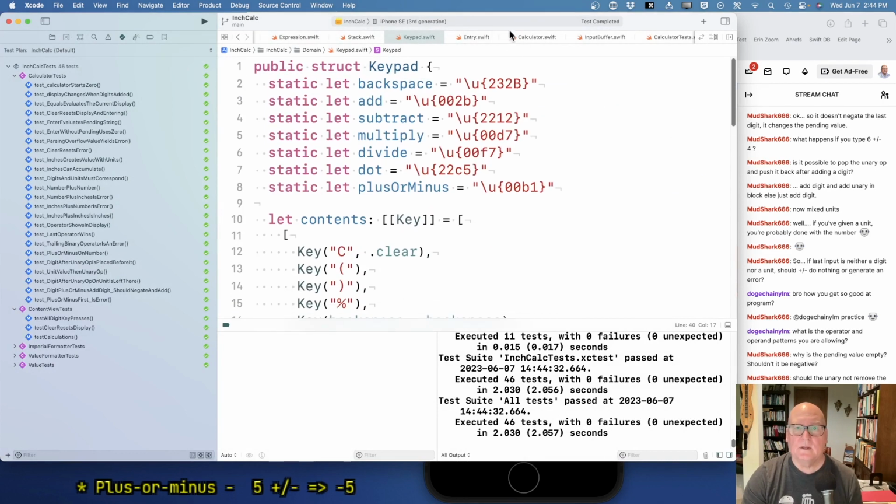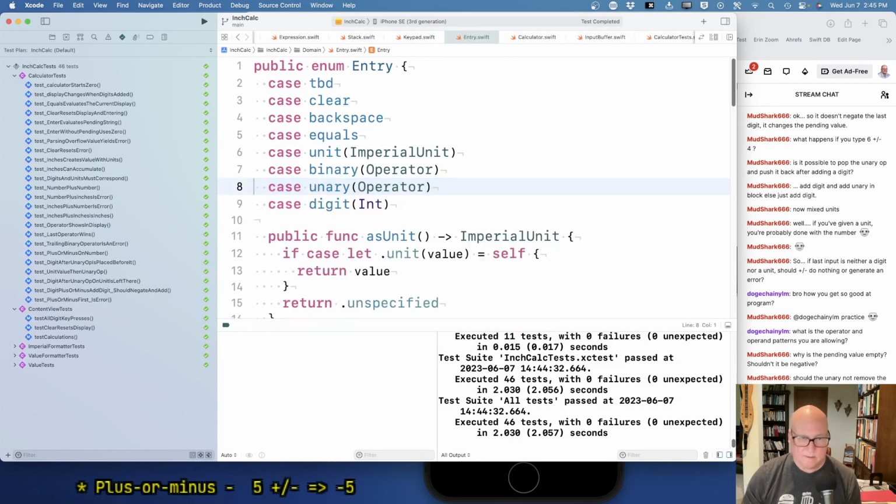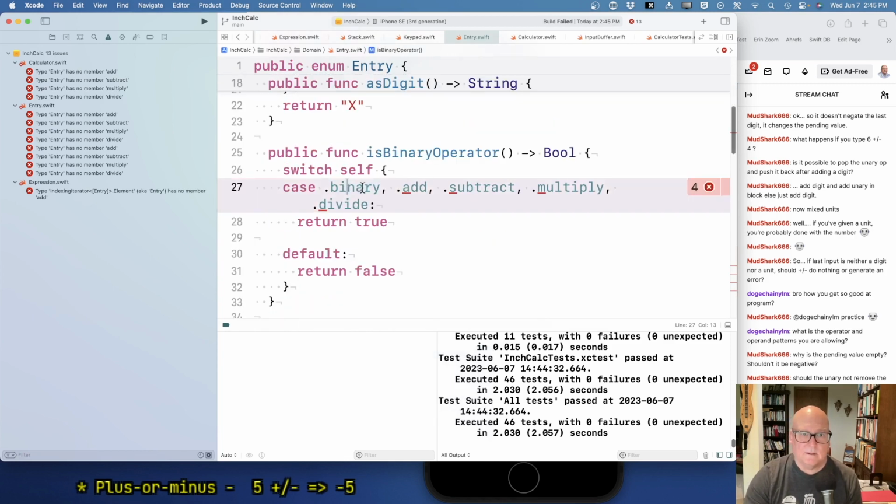Okay, and so now entry should not need these. And there should be lots of compiler complaints. Like, who are you? Okay.